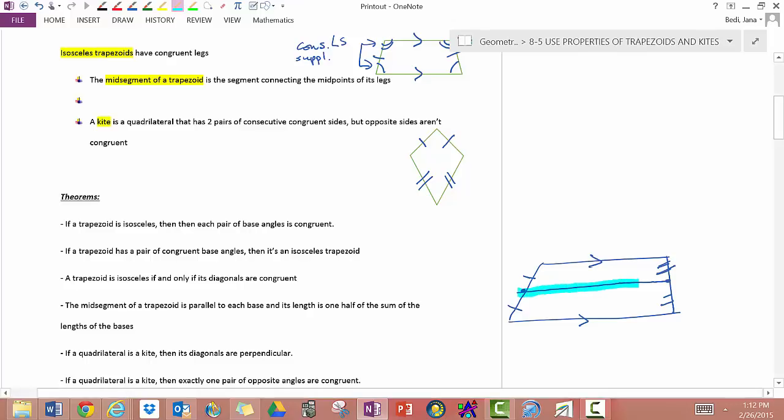This highlighted segment is called the mid segment. We'll call this a base, and we'll call this a base, and we'll call this the mid segment.